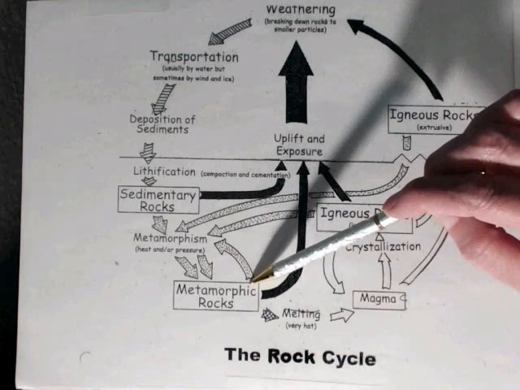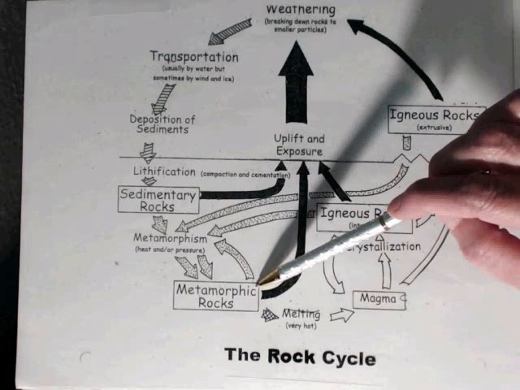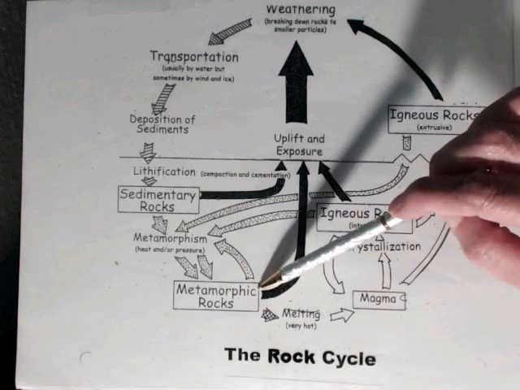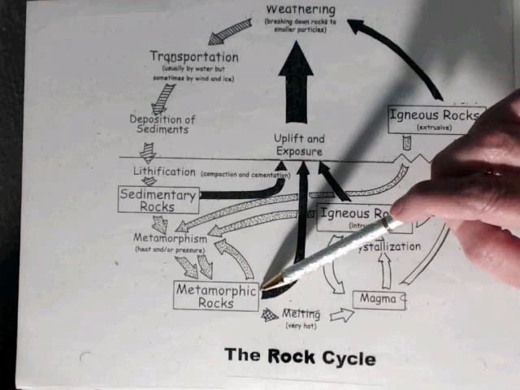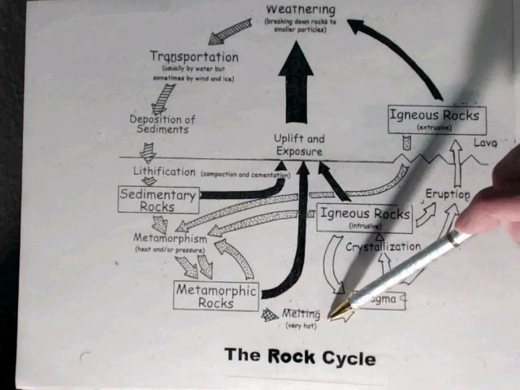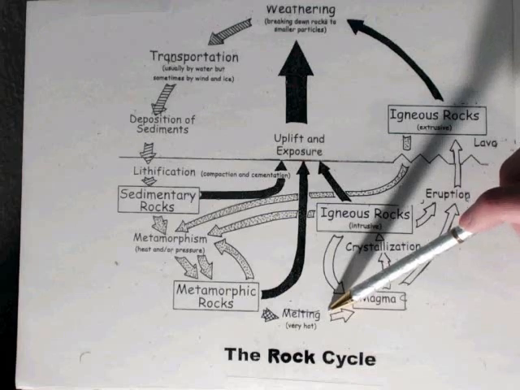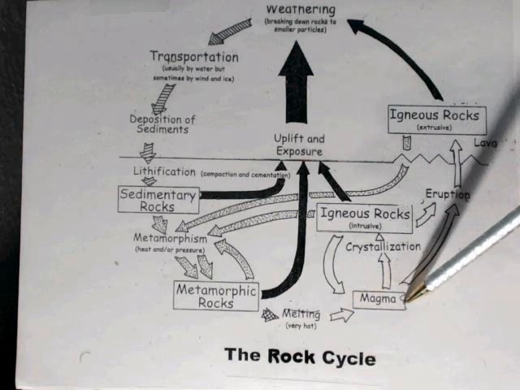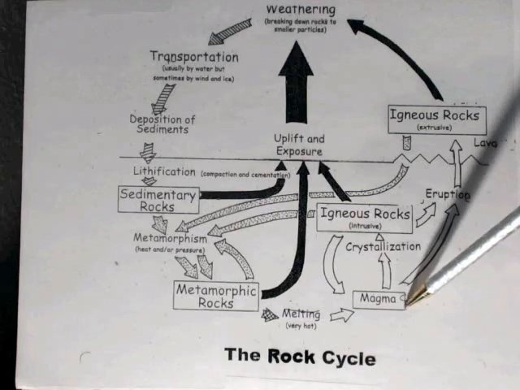And it becomes the metamorphic rock type. Now, let's say we have this metamorphic rock that undergoes so much heat and so much pressure that it actually melts the rock once again. So if it does melt it, we go back to a magma and we say our cycle is complete and that we can begin anew.